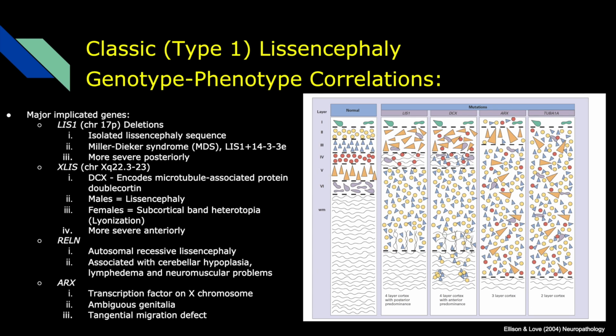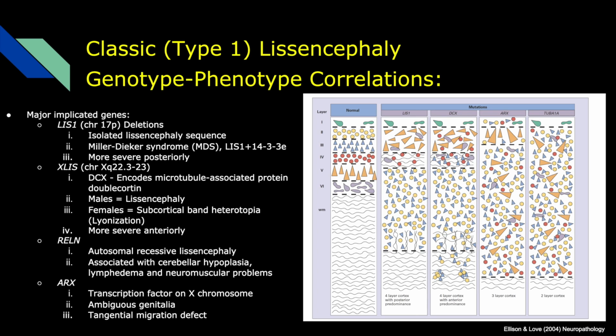Reelin mutations, again, are autosomal recessive. They're associated with cerebellar hypoplasia, lymphedema right from birth, and neuromuscular problems. ARX is the other X-linked disorder. This is unique in a number of ways. It's a transcription factor, probably involved in migration, but needless to say, it's not a cytoskeletal protein. So that's one of the reasons why it's unique.